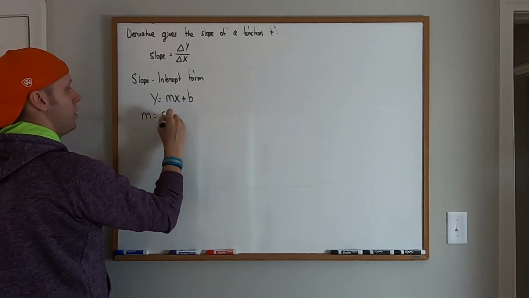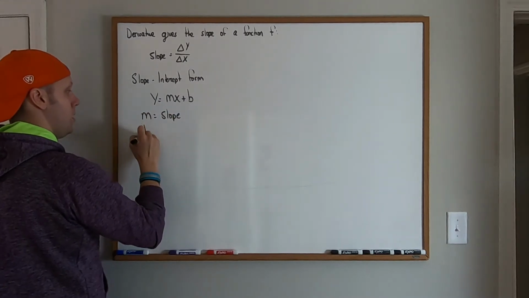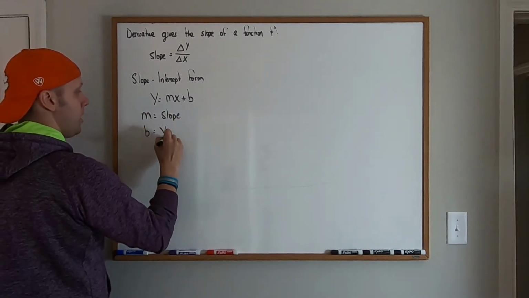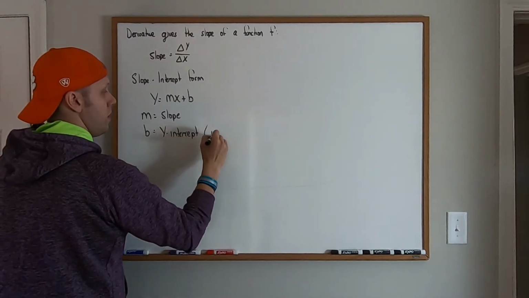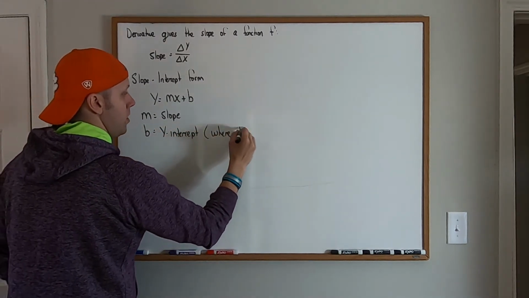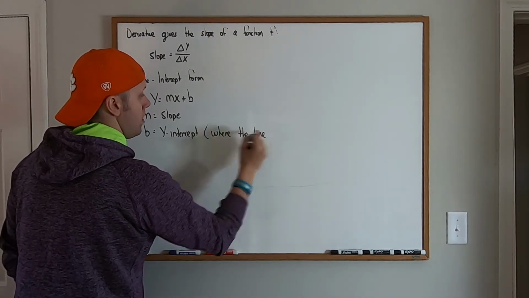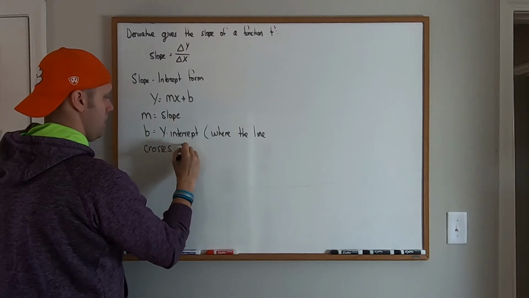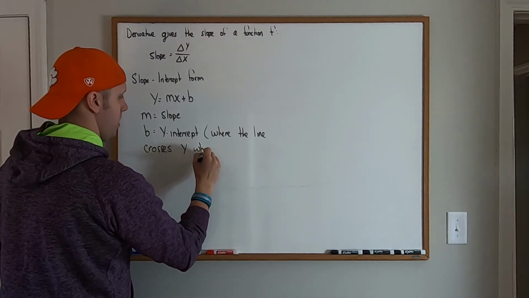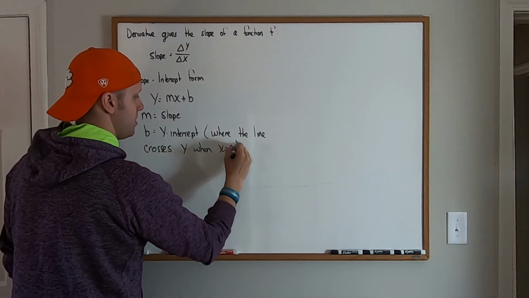M is the slope. B is the y-intercept, which is where the line crosses y when x is equal to 0.